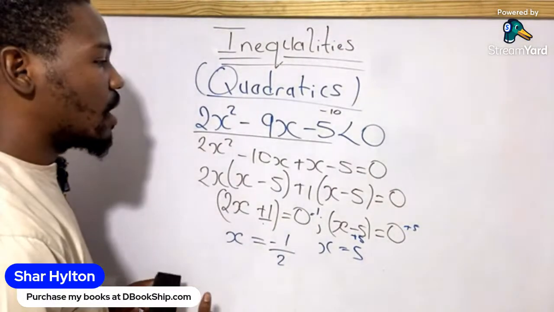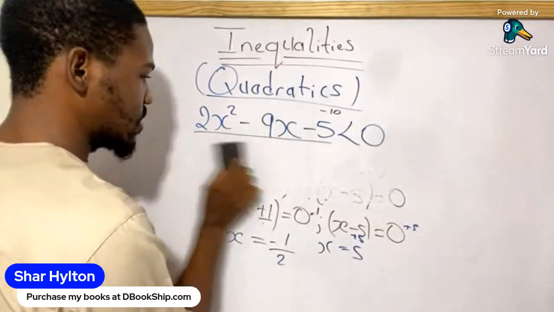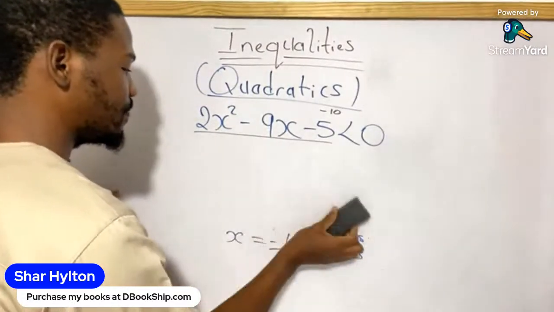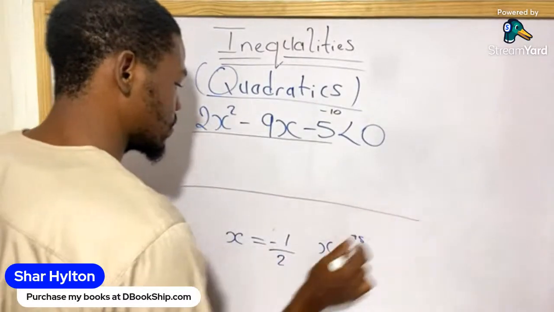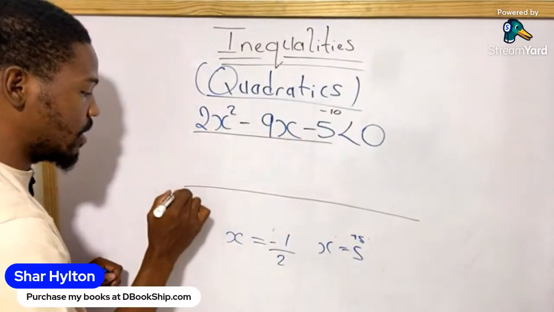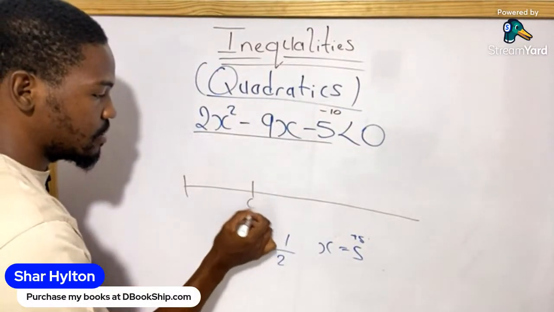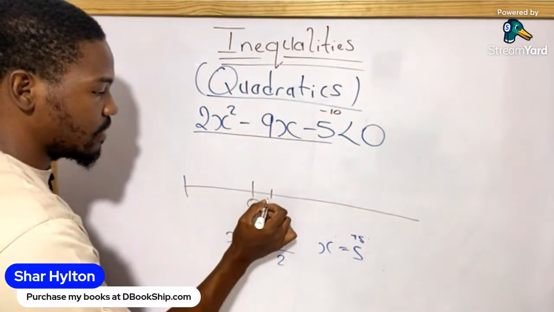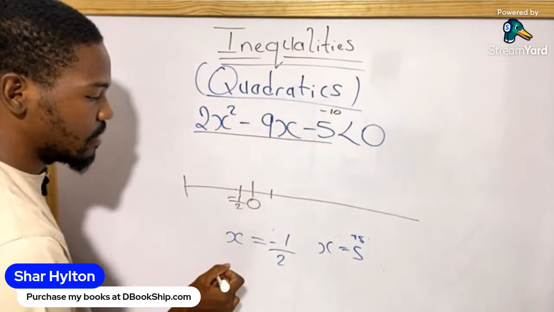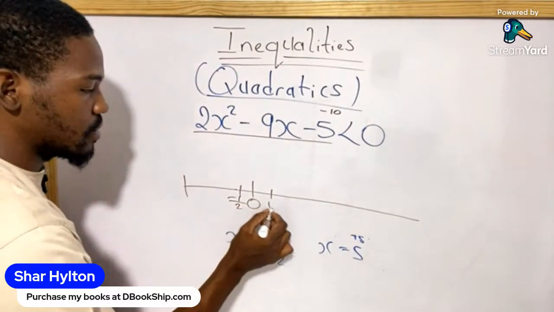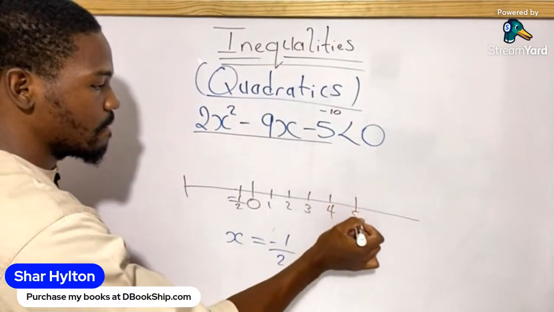In understanding inequalities, we know we must represent this on a number line. I'm just going to put this information on a number line. 0 is going to be here, negative a half is going to be right here, and this would be 1, 2, 3, 4, 5.